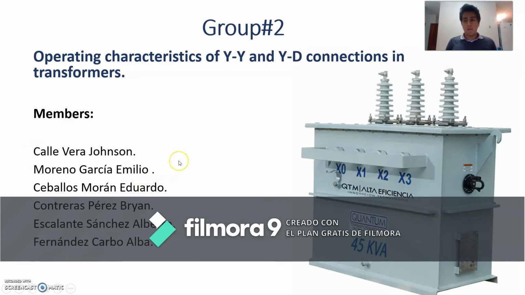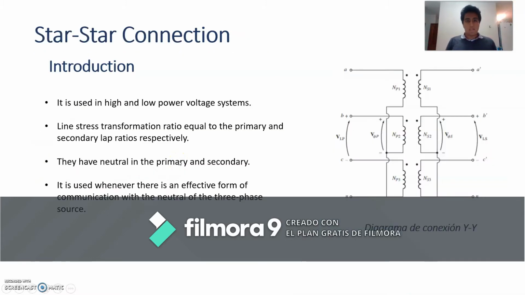I am Emilio Moreno and I'm going to start with a little introduction of what a star-star connection is. This type of connection of a three-phase transformer is used for systems of relatively high voltages and low powers, because the insulation capacity is limited.